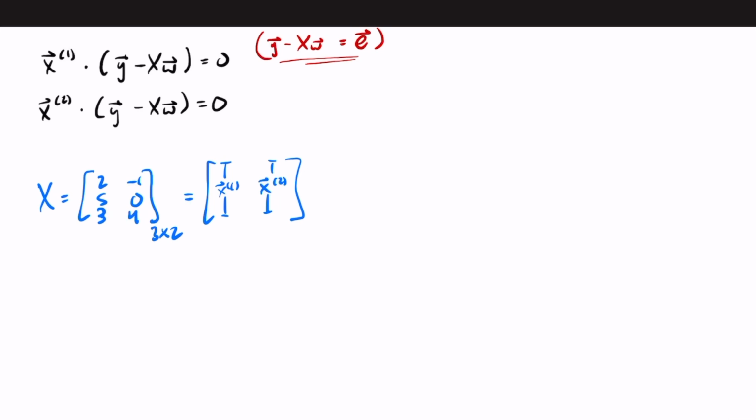Well, if we transpose this, remember we just draw a diagonal from left to right and flip it around. And so x transpose gives us 2, 5, 3, and negative 1, 0, 4. This is now our 2x3 matrix.